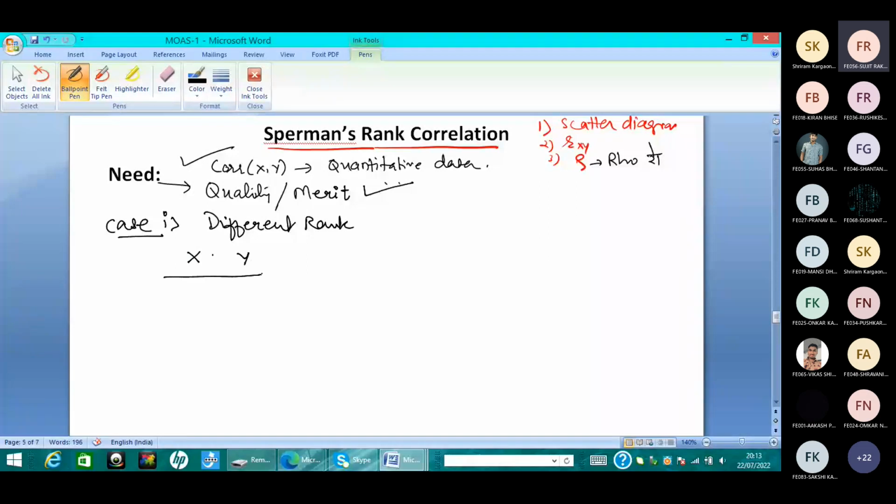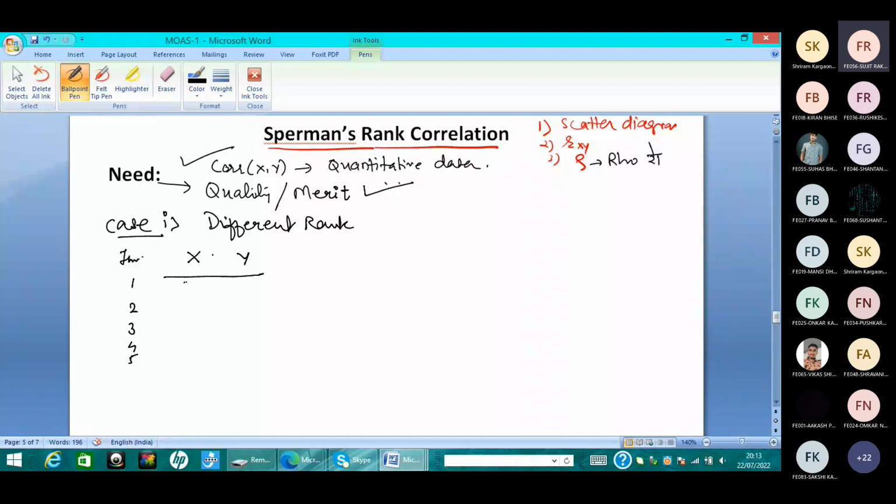Suppose I write some random values. Suppose these are the runs made by cricketers X and Y in five innings: first inning, second inning, third inning. These are the runs made in different innings by two cricketers, suppose Virat Kohli and Rohit Sharma.